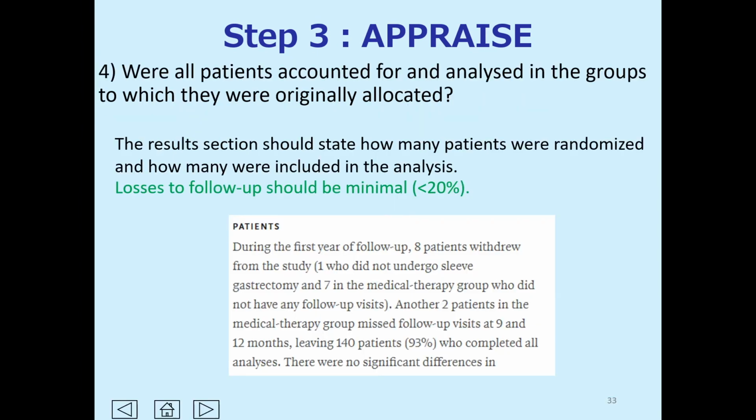The results section should state how many patients were randomized and how many were included in the analysis. So losses to follow-up should be minimal, usually less than 20%. In this section of the paper, it talks about the follow-up of the patients.